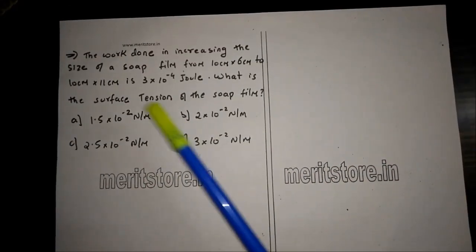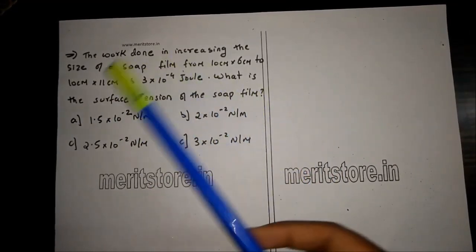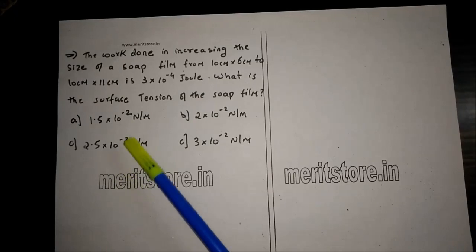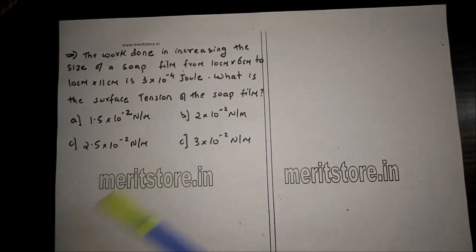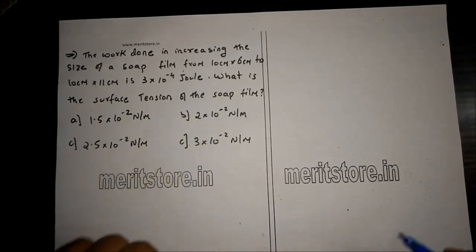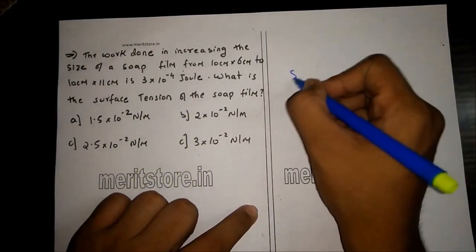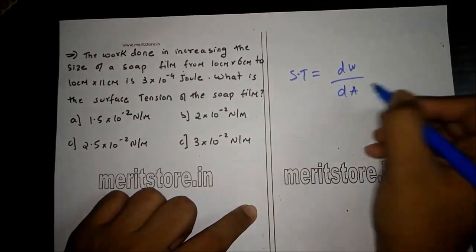Work done in increasing the size of a soap film from 10 centimeter into 6 centimeter to 10 centimeter into 11 centimeter is 3 into 10 raised to minus 4 joules. What is the surface tension of the soap film? Now here are the given options. Now we all know that surface tension is given by the formula work done upon change in the area.